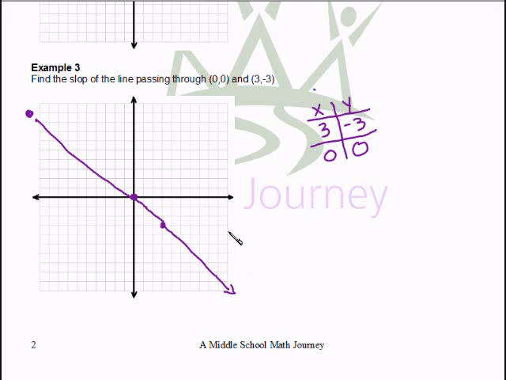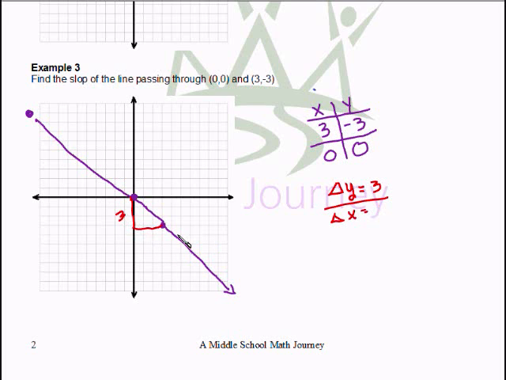Now we plotted these points. Let's take a look at our y. I'm going to draw my line from here to here. My y coordinate is going to go up 1, 2, 3. So my change of y is 3 over my change of x.